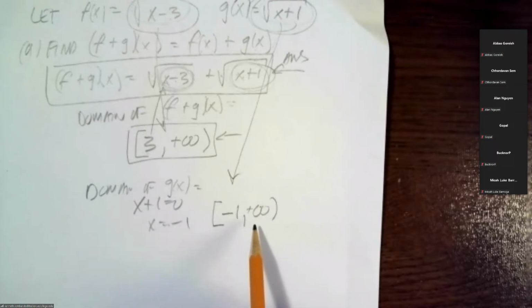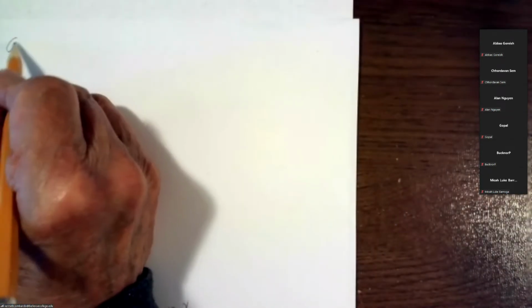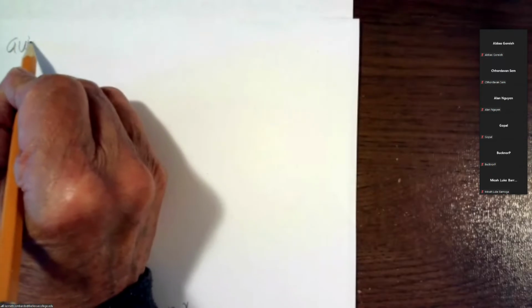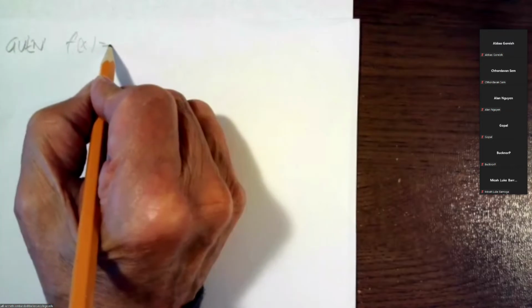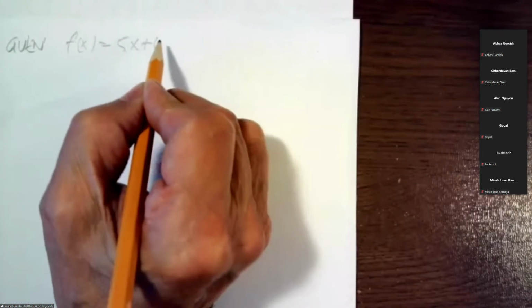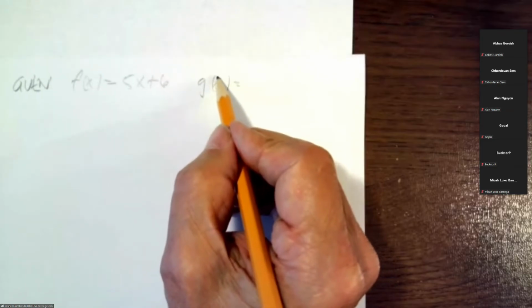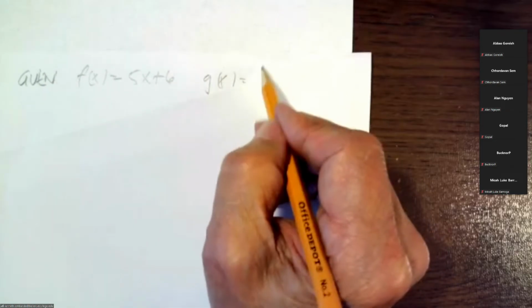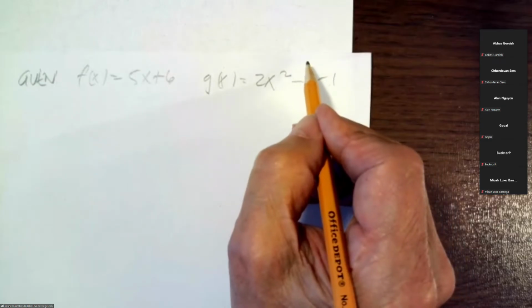Very good. Okay. Let's see if I've got a different one here for you. Let's say I'm given the following: f of x equals 5x plus 6, and g of x equals 2x squared minus x minus 1.